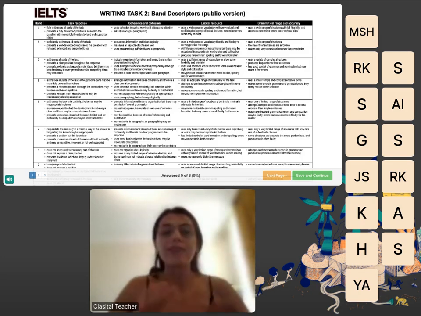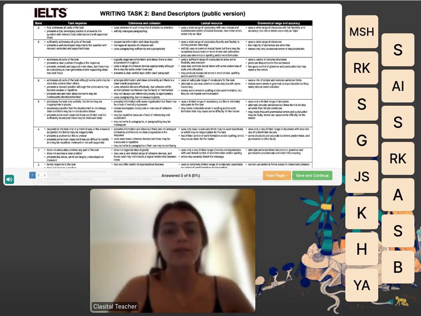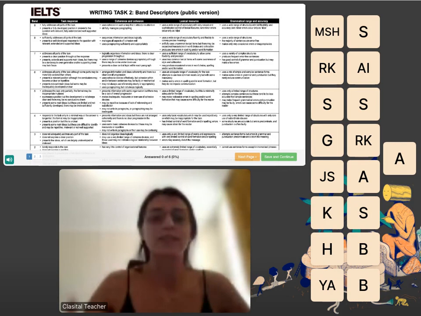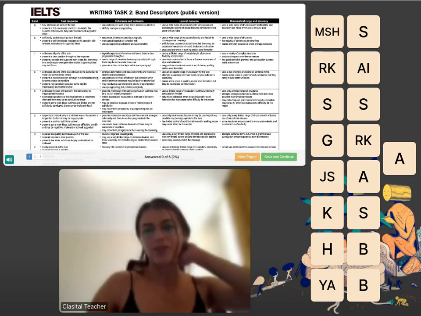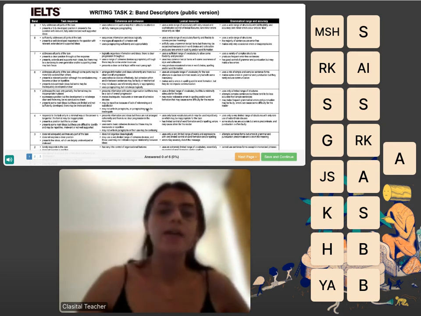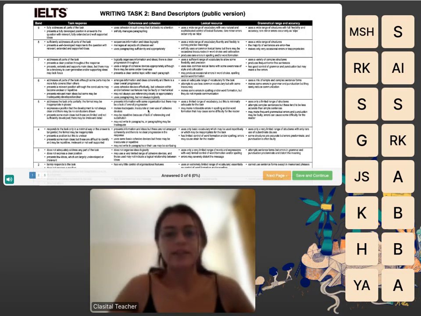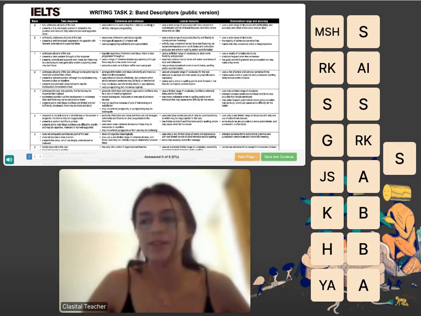These are the 4 criteria that IELTS tests you on, which are public, so you can look for them online. When you type writing task 2 band descriptors, you will get this as a result. So you can see this anytime. The 4 criteria IELTS looks for are task response, coherence and cohesion, lexical resource, and grammatical range and accuracy.